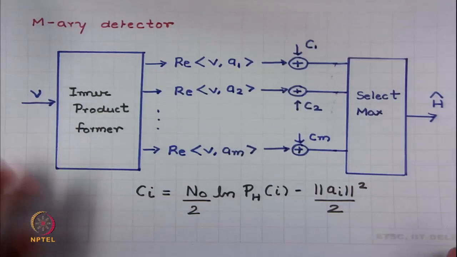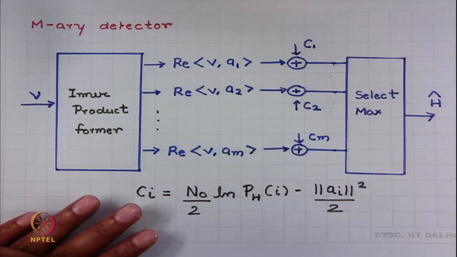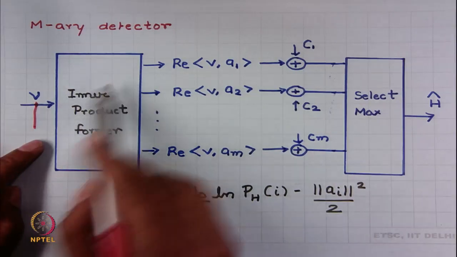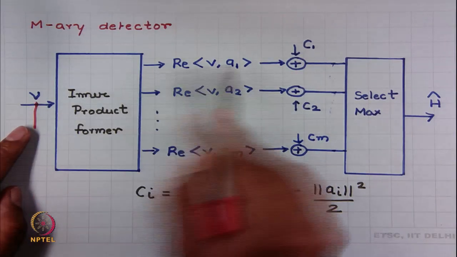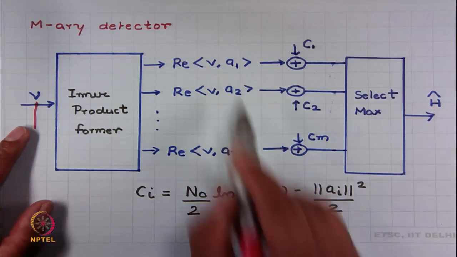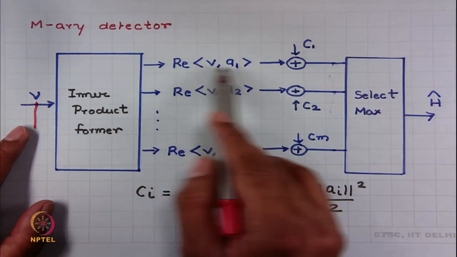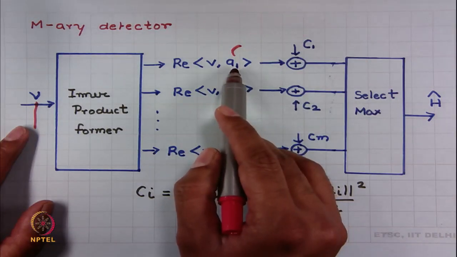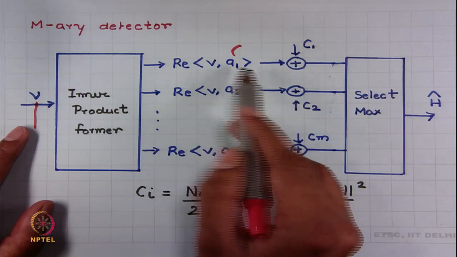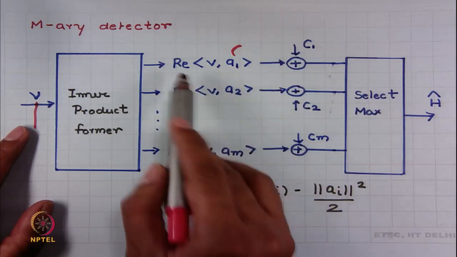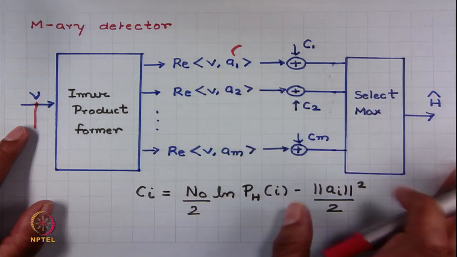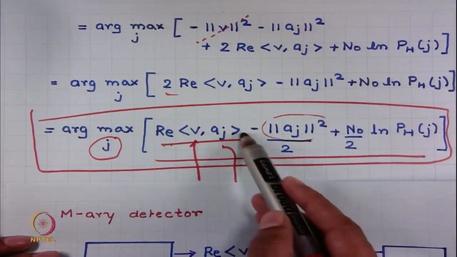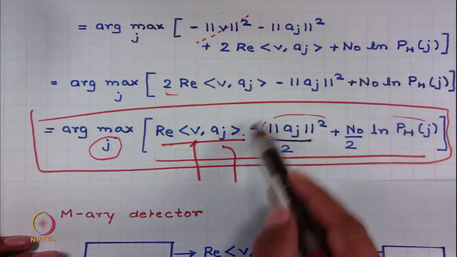For example, like this. What the M-ary detector would be doing is taking the received vector and forming the inner product of this received vector with the signal set. So, it would take the inner product of V with A1, where A1 let us say corresponds to the signal corresponding to hypothesis 1 and so on, and then it takes the real part of this. When it does this, it takes care of this term, and to this it has to subtract or add this quantity.